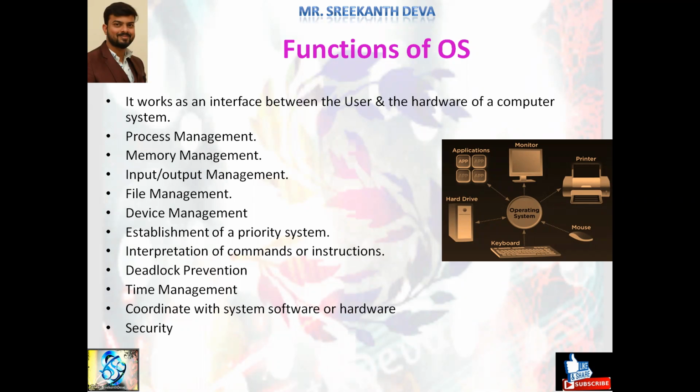Process management is the assignment of the processor to the different tasks being performed by the computer system. Next, memory management. We are all familiar with memories, right? Different types of memories we discussed in detail in the previous video sessions. Memory management is the allocation of main memory and other storage areas to system programs as well as user programs, managed by the operating system.